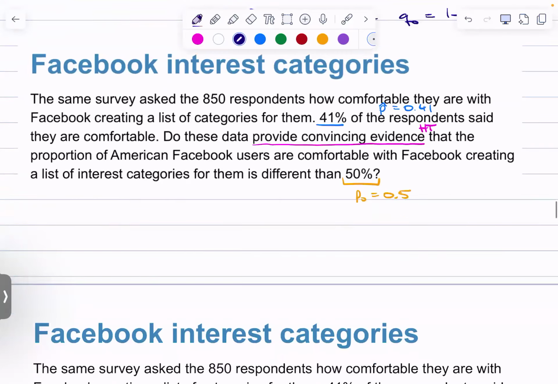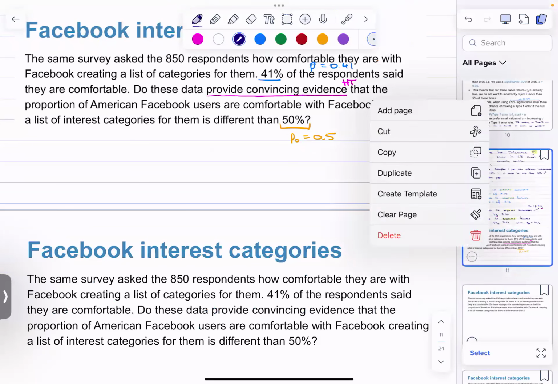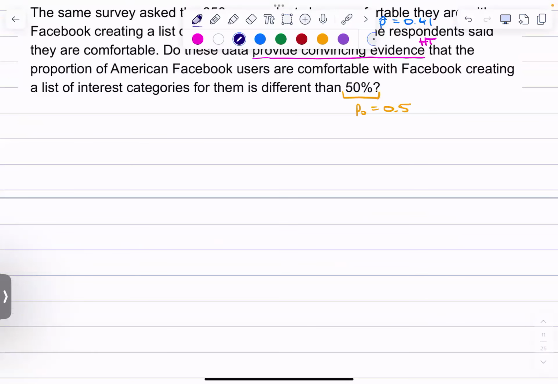In terms of the steps, I need more room here, but I'm going to call it step 0, checking the conditions. Not very helpful, I know, but it's because with all my solutions, I usually do it separately and then step 1, 2, 3, 4.